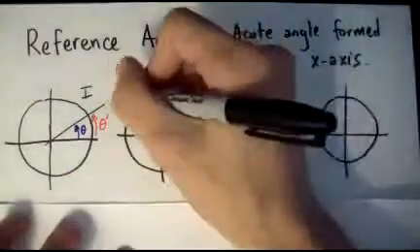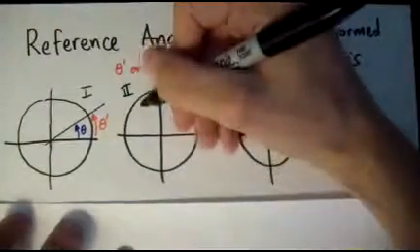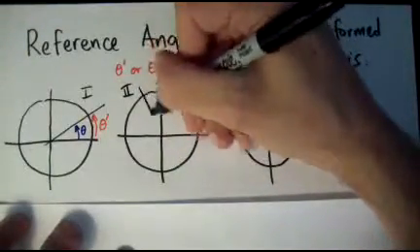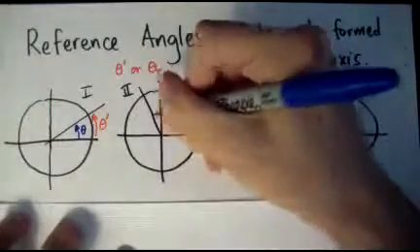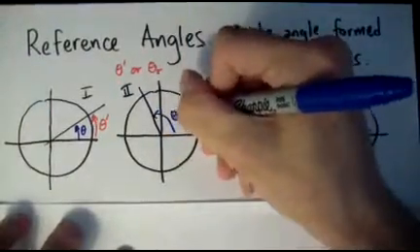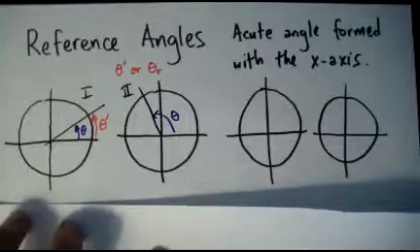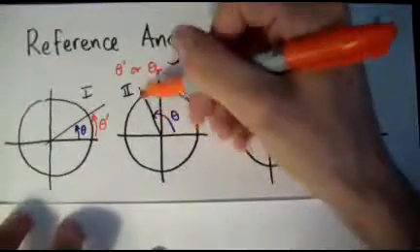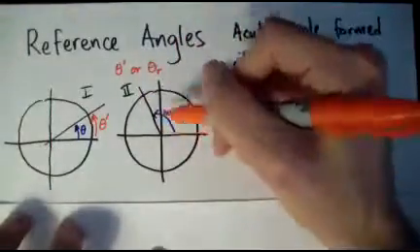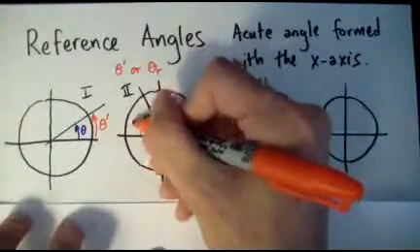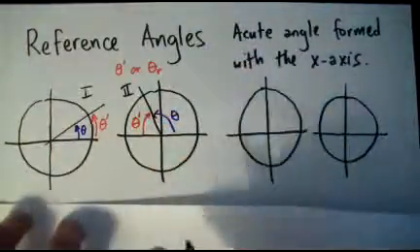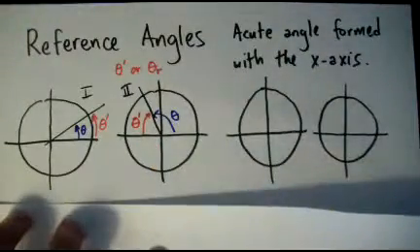In the second quadrant, if an angle falls over here, if that is my theta, let's see what angle it forms with horizontal. It forms two angles, and the angle that's acute is over here. So this would be my theta prime, my reference angle.